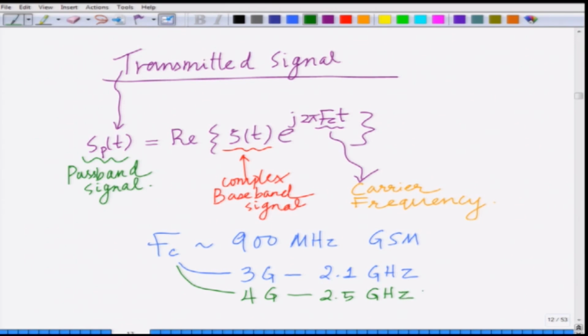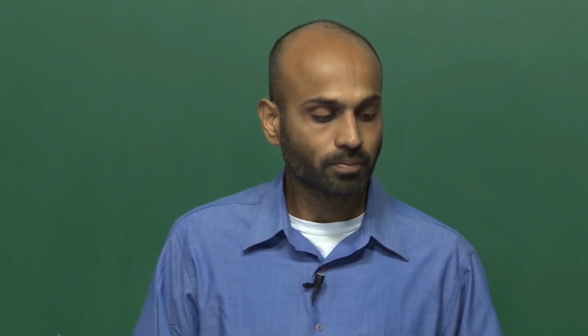Of course these bands are not fixed, they vary from country to country depending on the frequency bands allocated in that particular country or region. These are a rough indication of the different bands allocated in some of the major countries across the world for these various wireless communication systems.